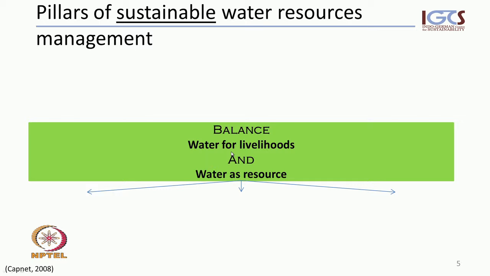Now, there's a slight change now that we bring into this picture when we actually want to achieve sustainable water resources management. And I call those the pillars of sustainable water resource management. First of all, we want to achieve a balance between two aspects, water for livelihoods and water as a resource as such.